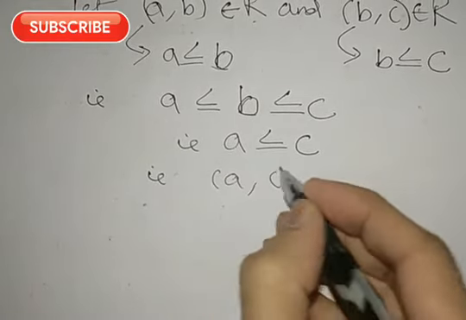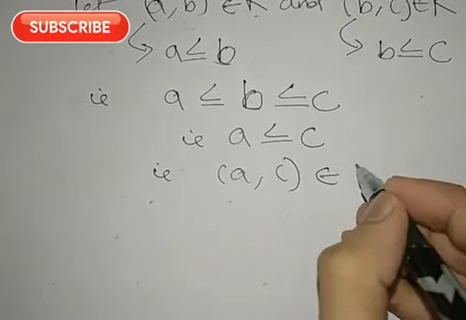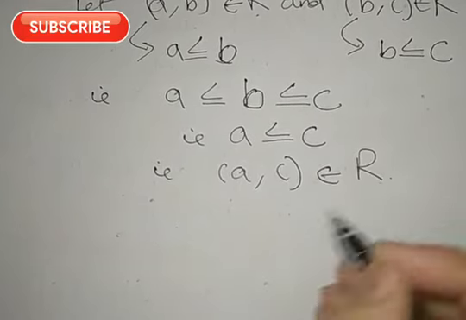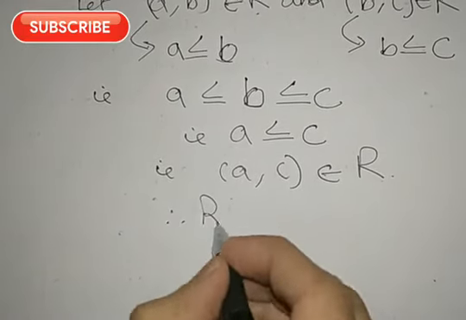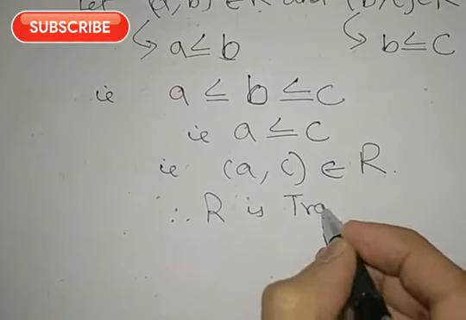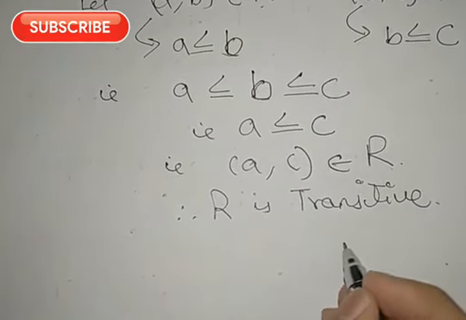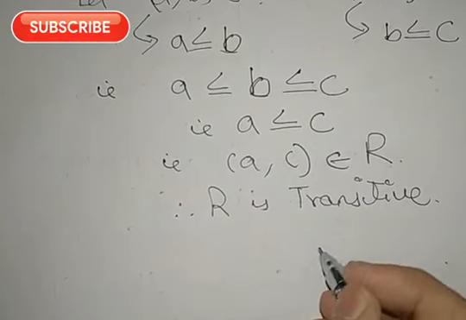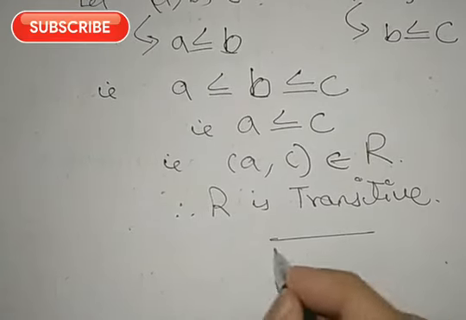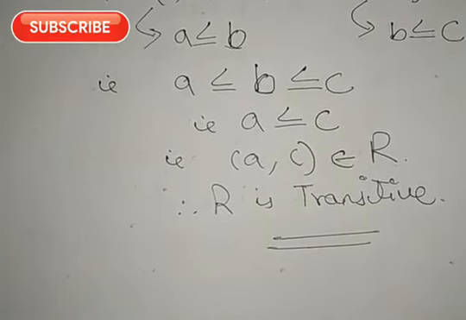That is A comma C belongs to the set R. So therefore R is transitive. So that was the problem number 4.